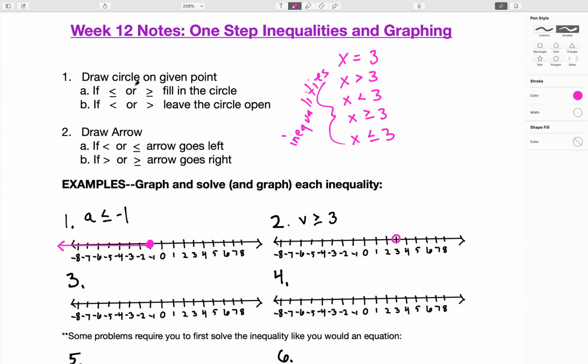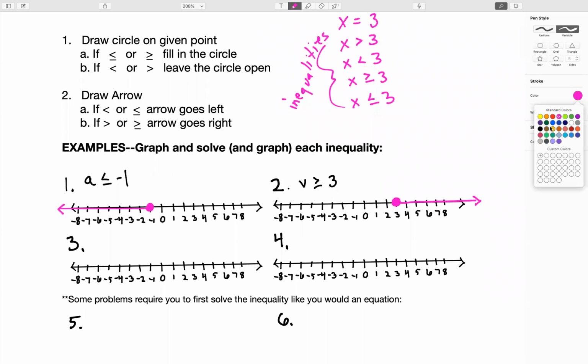If less than or equal to, or greater than or equal to, fill in the circle. So we're going to fill the circle in again. And if it's greater than, the arrow is going to go right. And you can see, obviously, V is everything 3 and greater than 3. So you're going to draw an arrow just like that.